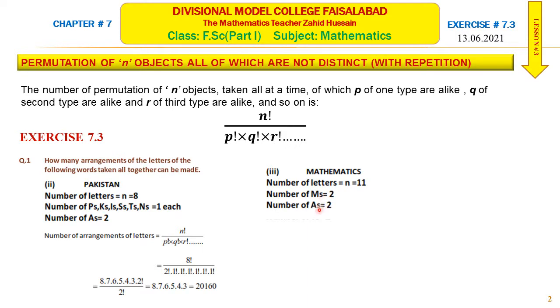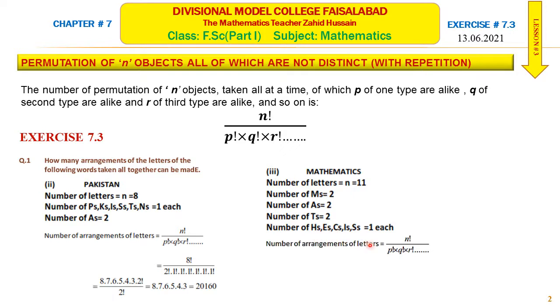The number of A's, A is occurring 2 times. The number of T's is 2, and all the other letters are occurring 1 time in this word mathematics. So p is 2, q is 2, r is 2, and the rest are all 1. So we will use this formula.